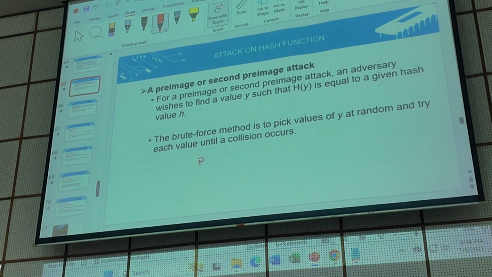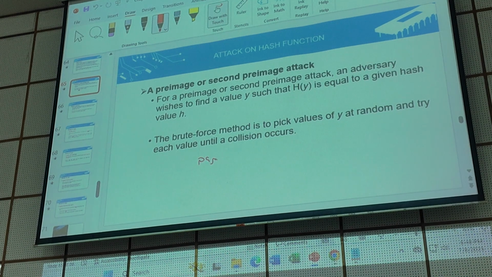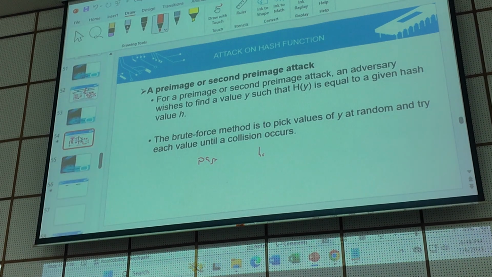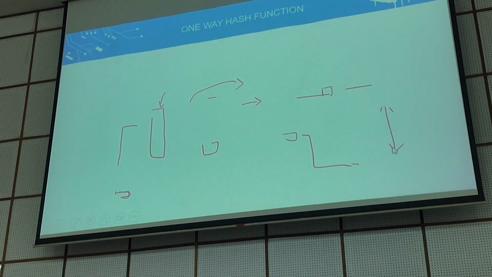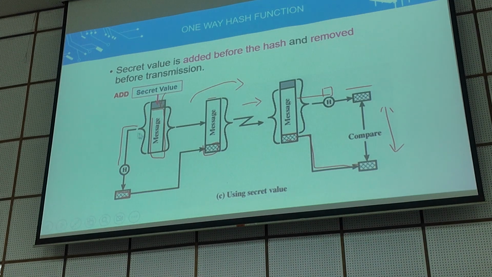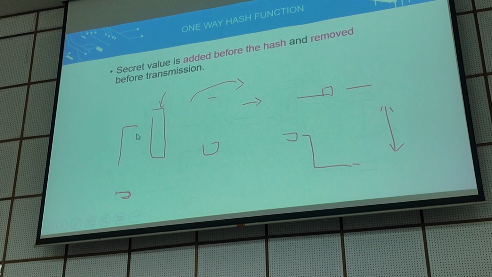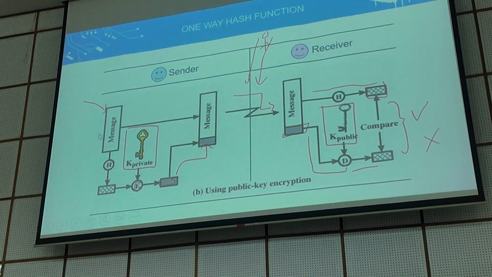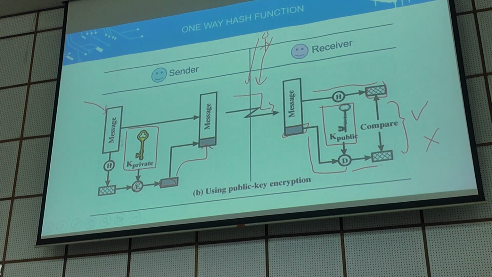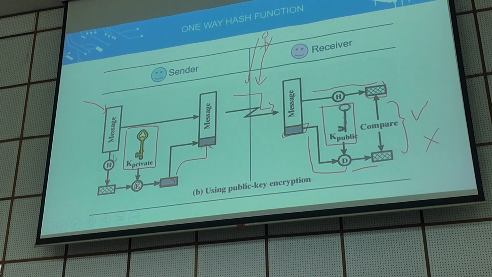If you still remember the diagram, when you go through the hash function, it will give you the code, and the code is attached to the message. Imagine this message is your password. You go through the hash function and you attach this code with the message.